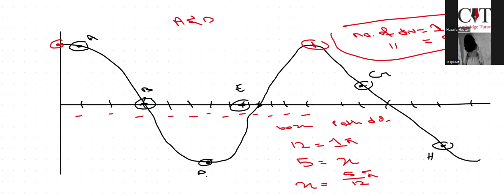So now calculate the phase difference between A and B and tell me the answer. Between A and B, B for ball. So 1 over 6 lambda.